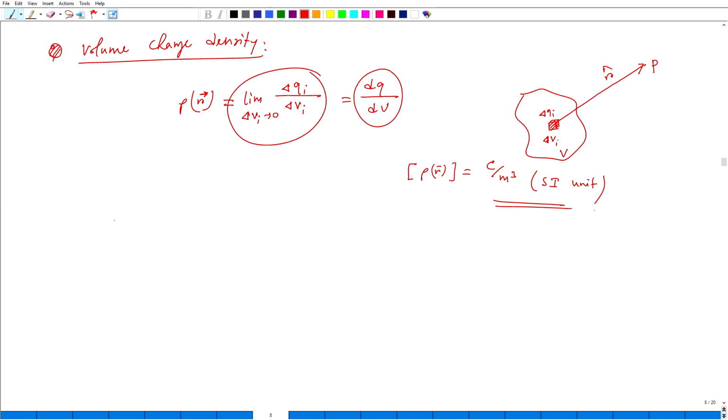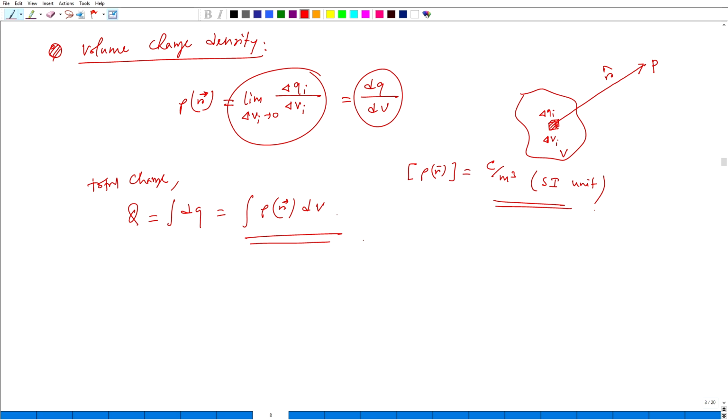And the total charge, now it is easy to calculate. So, total charge q is the integral of dq, which is rho of r dV. The concept of charge density is analogous to the mass density.